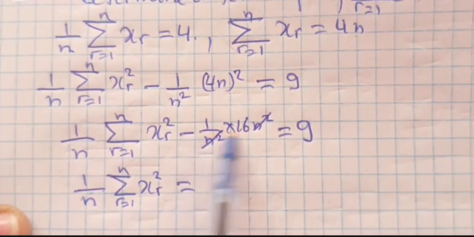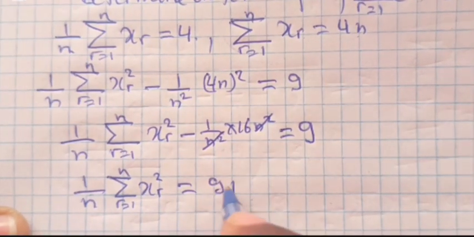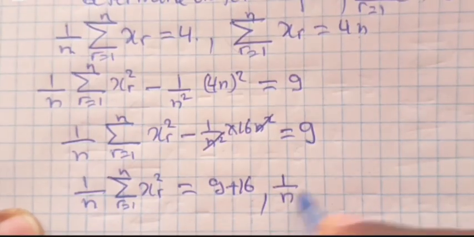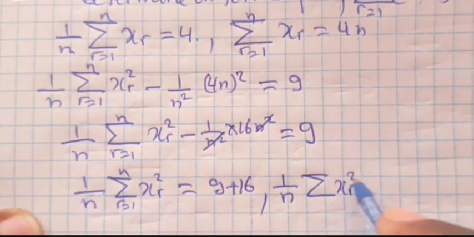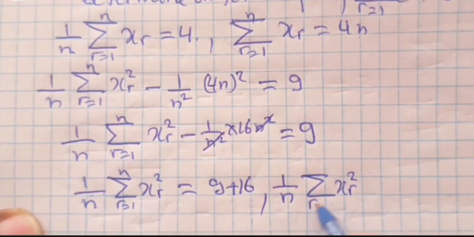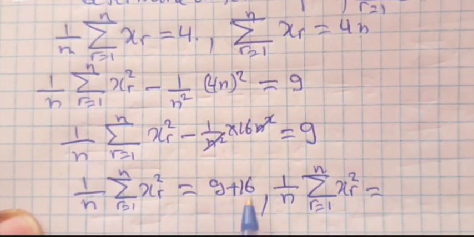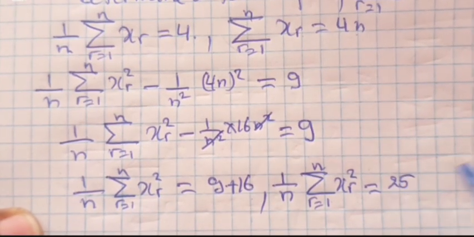If we shift this minus 16 out, we shall have 9 plus 16. And here it's clear that 1 over n times the sum of xr squared as r comes from 1 to n will be 16 plus 9, that is 25, I guess.